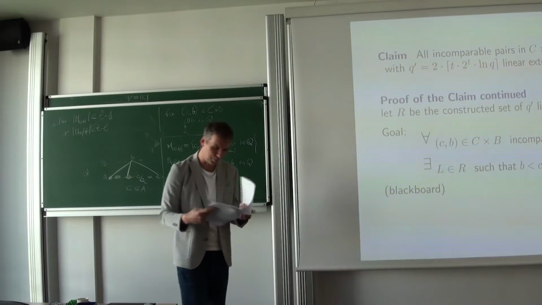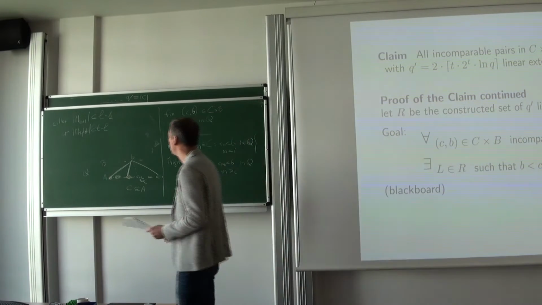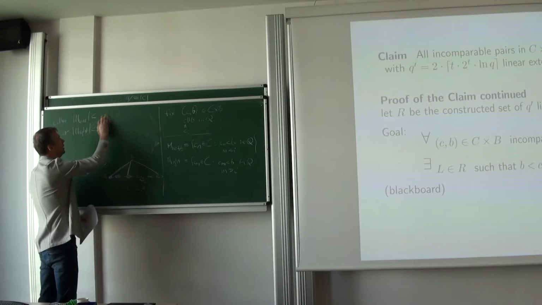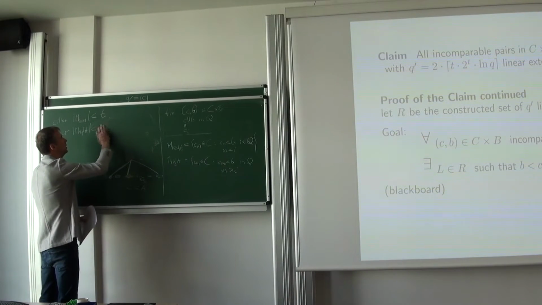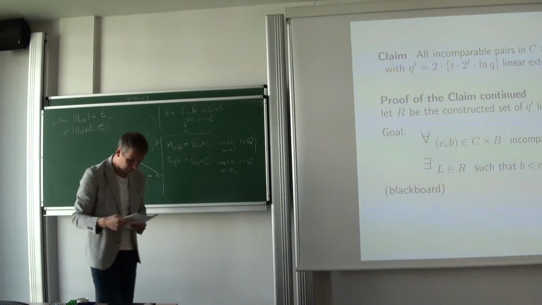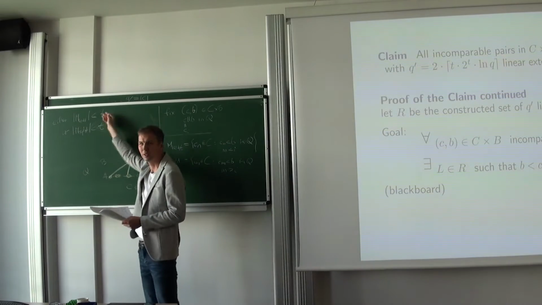Okay, so if we have that, we're happy. So let's simplify our life. This is less than T, and this is less than T. I give up something. Now there are two cases: one of these holds.